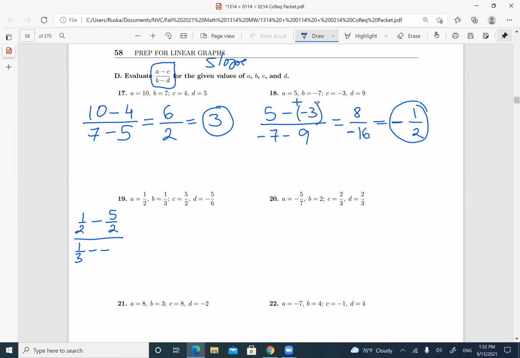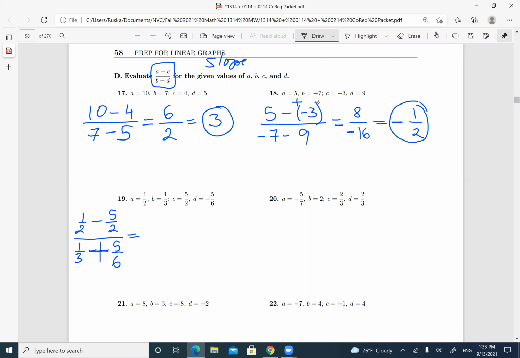See, again, 2 negatives are going to make a positive, 5 over 6. If you want, just put it like this next to each other. So negative and negative is going to make this positive. Okay, everybody understand why it's positive, 5 over 6? Because the formula has a negative and also your number has a negative, and 2 negatives next to each other make a positive. Okay, and then from here we have to simplify it.